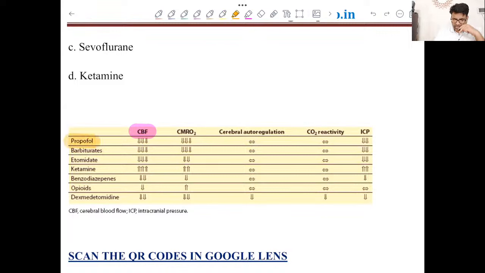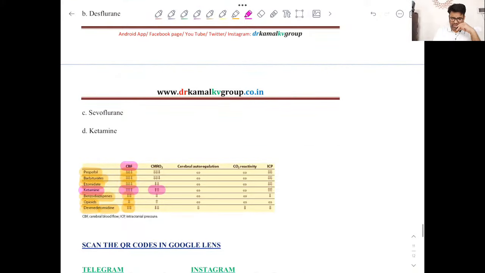Propofol is decreasing, barbiturates decreasing, etomidate decreasing, then benzodiazepines decreasing, opioids decreasing, dexmedetomidine decreasing. But there is only one name which is increasing the cerebral blood flow and the cerebral metabolic rate, right? So this is ketamine.